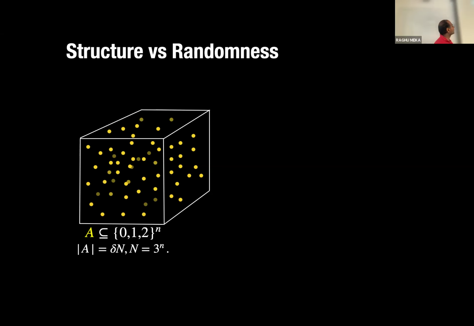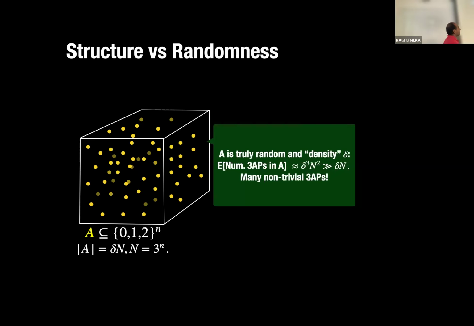What are we trying to do? We want to say that once this density crosses some threshold, we will get many 3APs. And we did this heuristic calculation earlier: what happens if the set A is chosen completely at random? If we choose the set A completely at random with density delta, meaning every point is present in the set A with probability delta, the number of 3APs you should see is delta cubed times capital N squared.